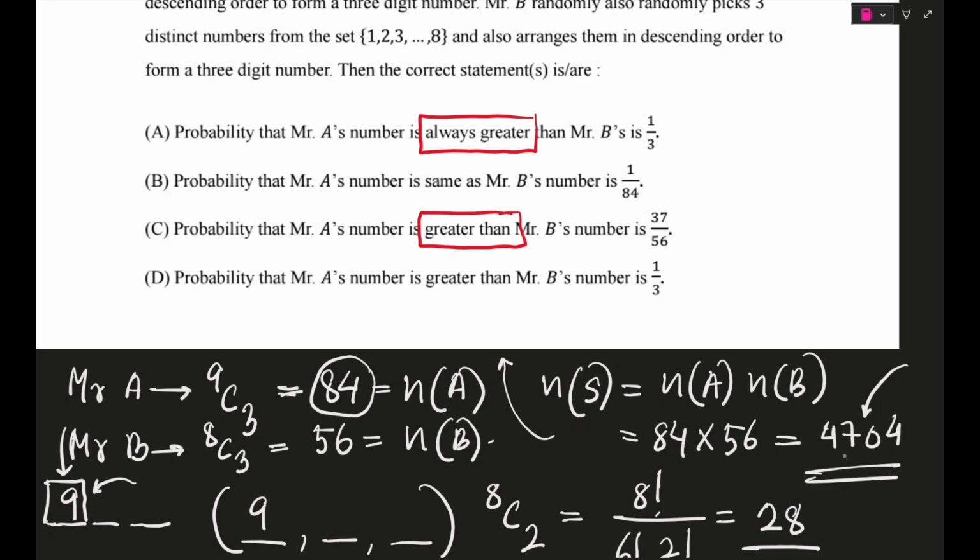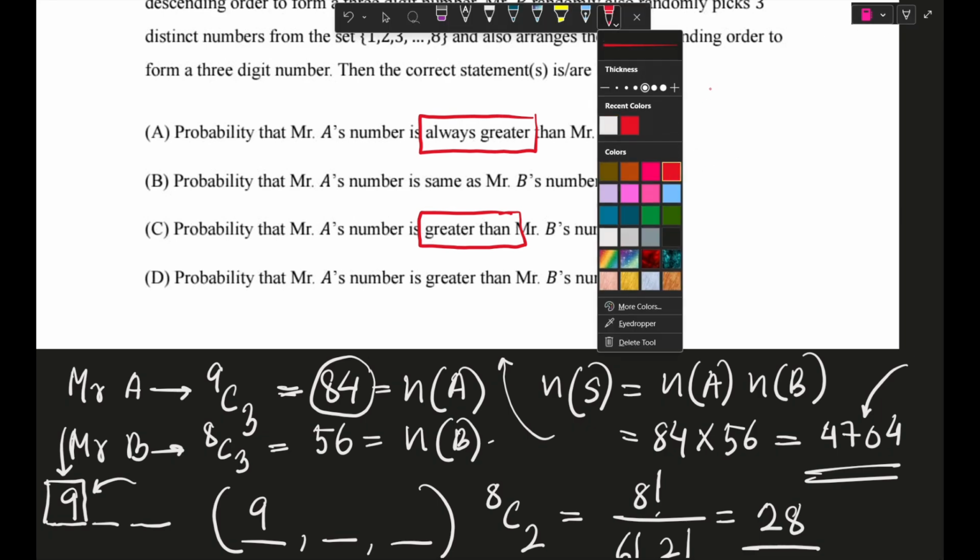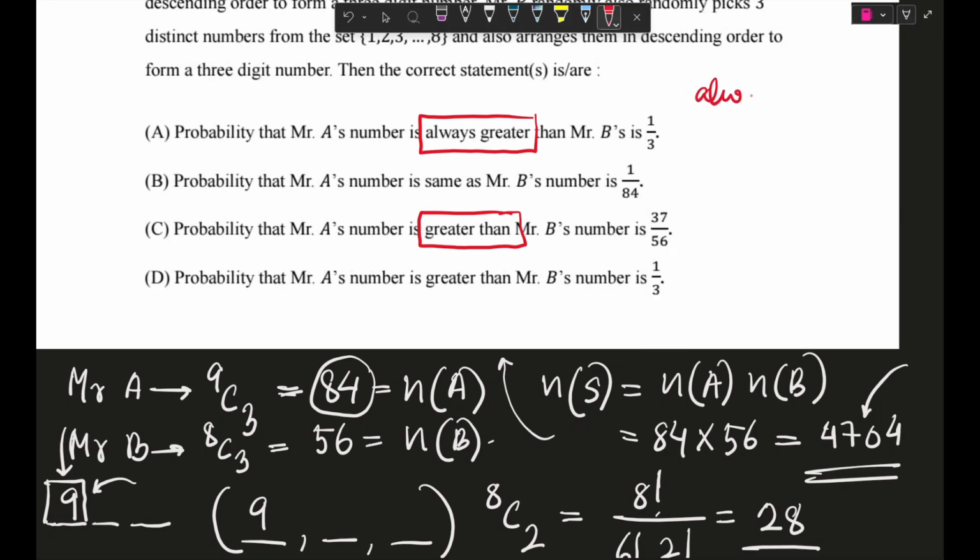If I give you a very analytic sort of definition of this, you can write it like this: always greater. This would mean that the first place in the 3-digit number is reserved for 9 always, no matter what.